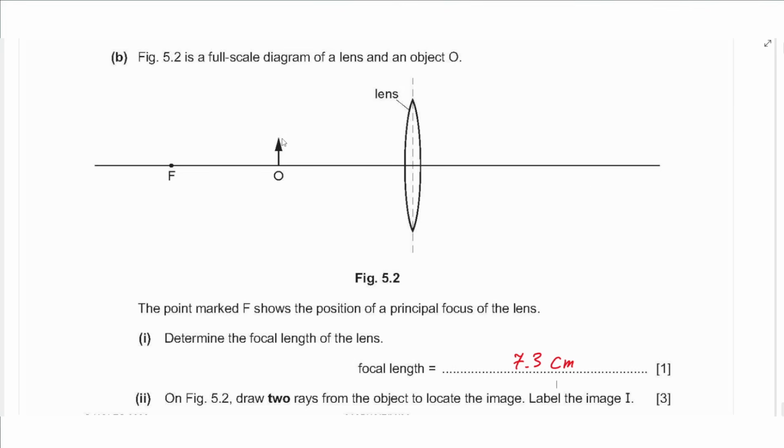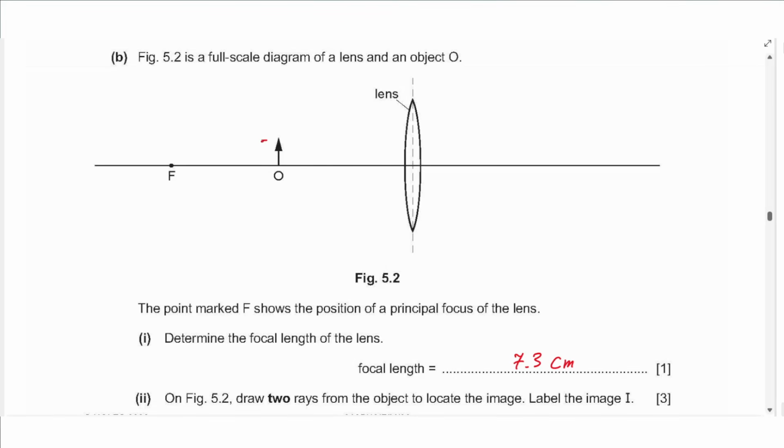The next one is one that passes through the optical center, which is the center of the lens, and just continues straight. The other one should be from the focal point or toward the focal point, but this will not be useful in this case because the object is between the focus and the lens, which gives us a virtual image. So we will use the first two lines.